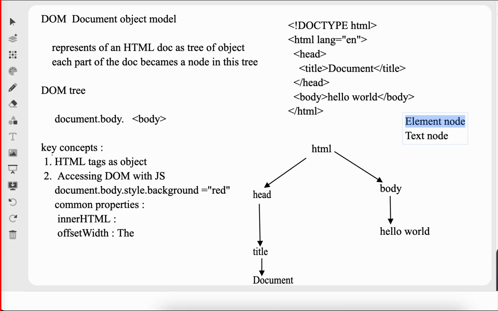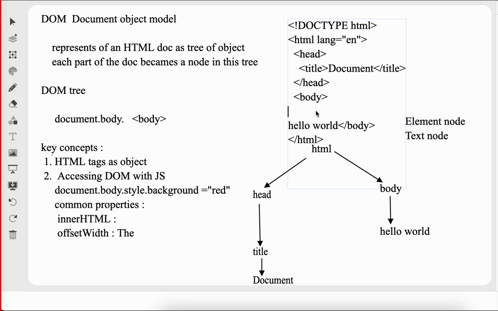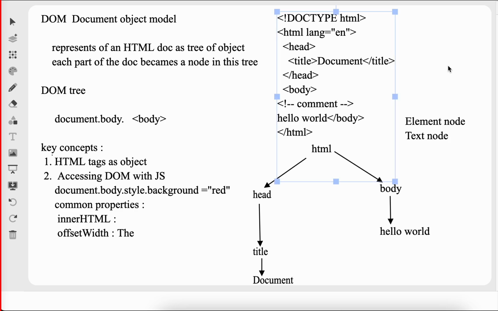For example, here I will write a comment in the body. Suppose we have a comment in the structure code, we can see the same thing in the tree also.